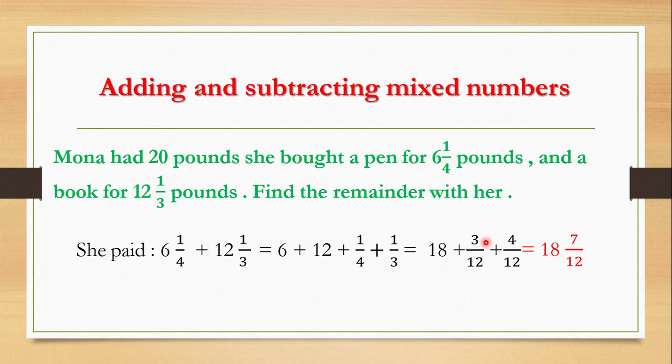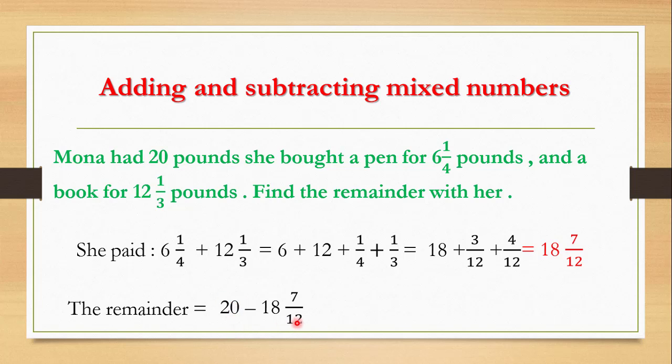Now I want to calculate the remainder. She had 20 pounds, so I write 20 minus 18 and 7 over 12. 20 means 20 over 1. 20 or any whole number means the same whole number and the denominator is 1.